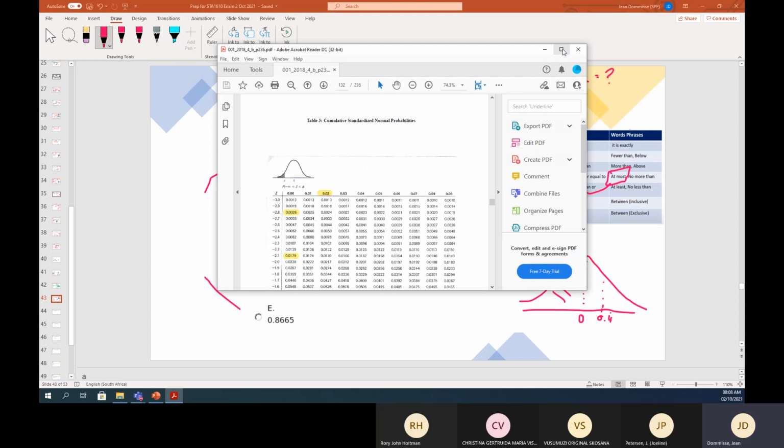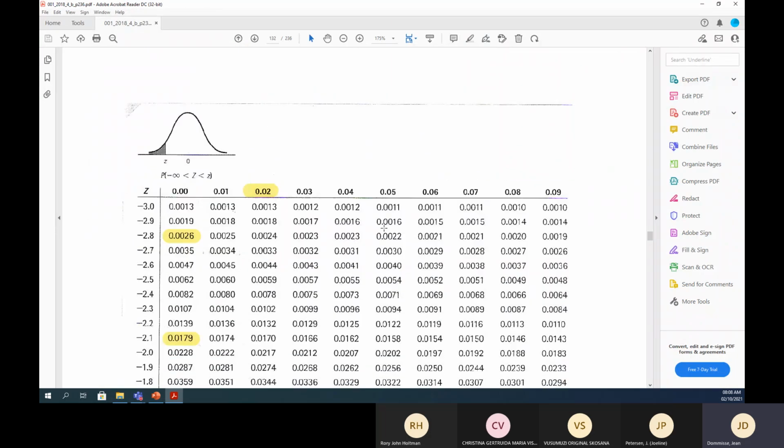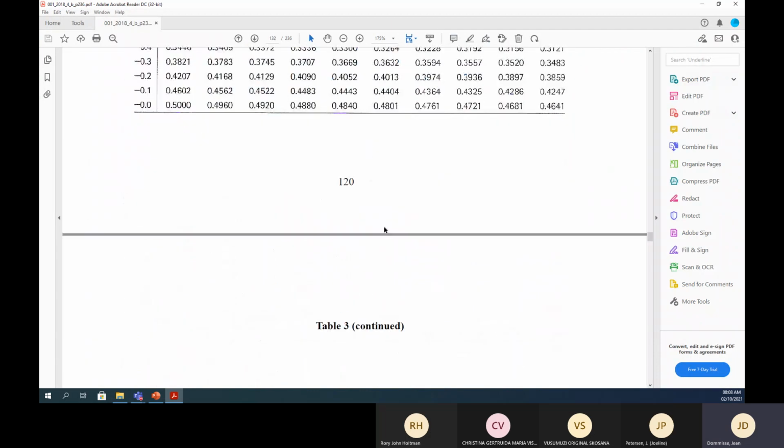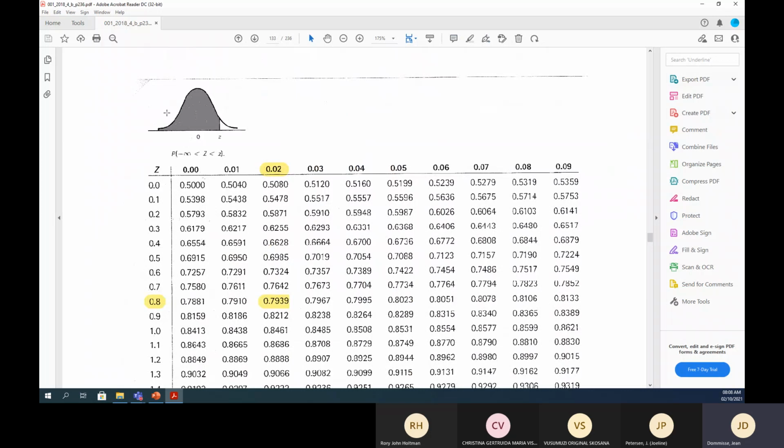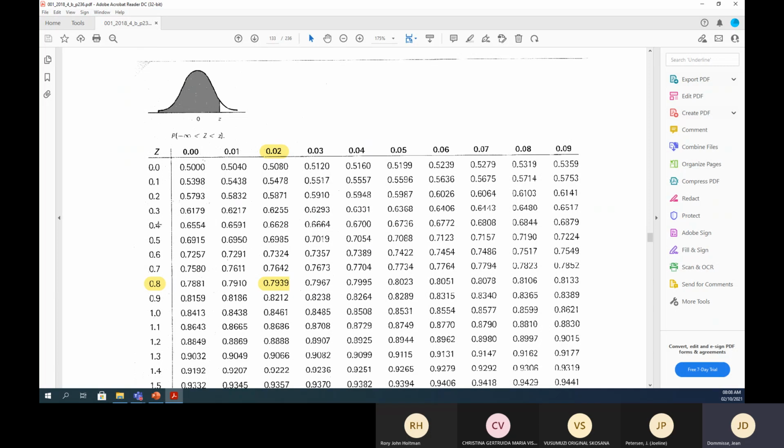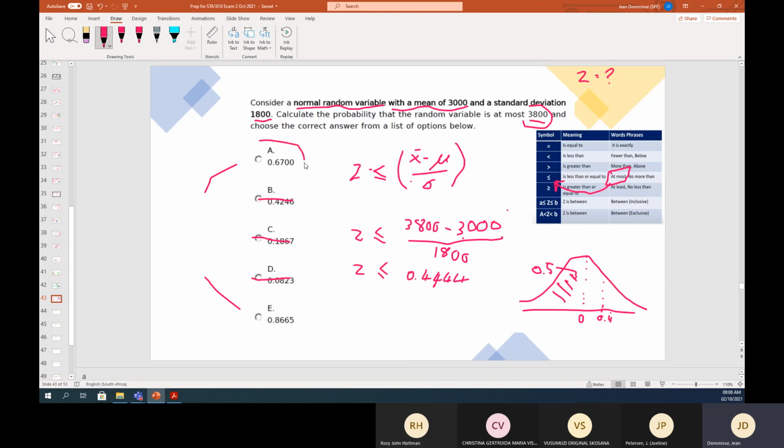We're looking for a Z of 0.44. Let's use this table because we want that area in any case. So 0.44 is 0.67. Okay, 0.67, and that was option 1.